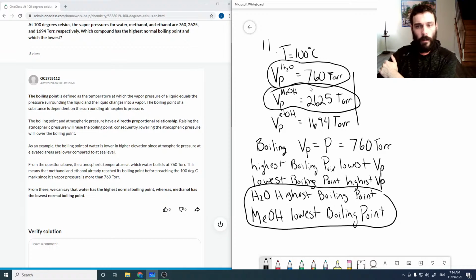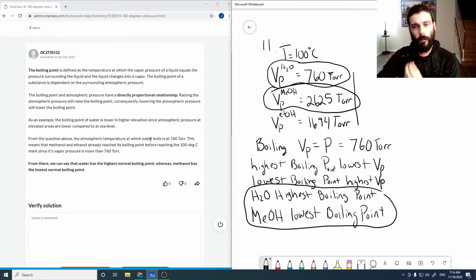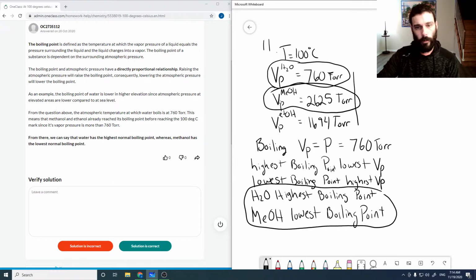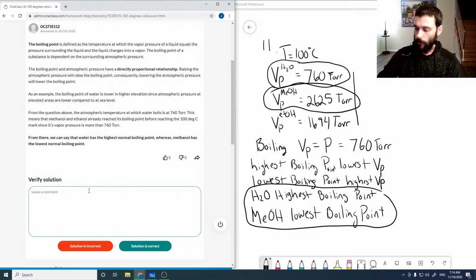So the water has just boiled, so methanol and ethanol have been boiling for a while, so the highest boiling point would be water, and methanol would have the lowest boiling point. Yep, okay. Looks good.